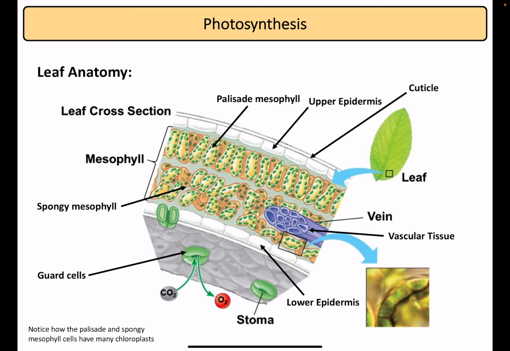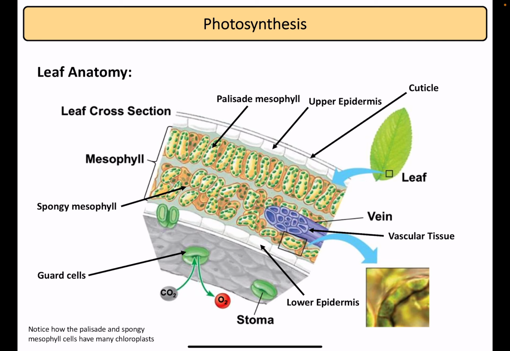It also protects the plant from pathogens like viruses and bacteria. So it's almost like if you had a layer on top of your skin that further protected you from water loss and defended you. That's kind of what a leaf has. It's called the cuticle.